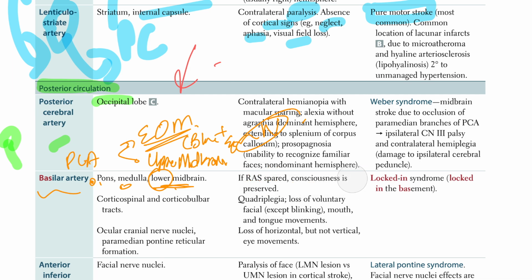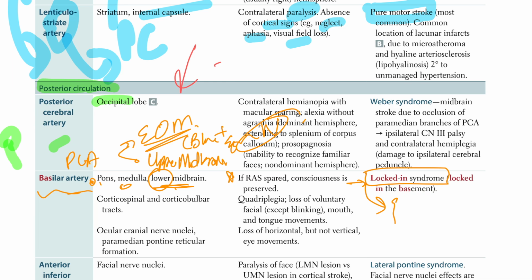So let's just erase this part. So that's one point. Then, if you have a basilar artery lesion, you are going to cause a locked-in syndrome. What is a locked-in syndrome? Locked in a basement. What is locked in a basement? You can only look up and down and blink. This is locked-in syndrome, meaning you will not be able to do anything.